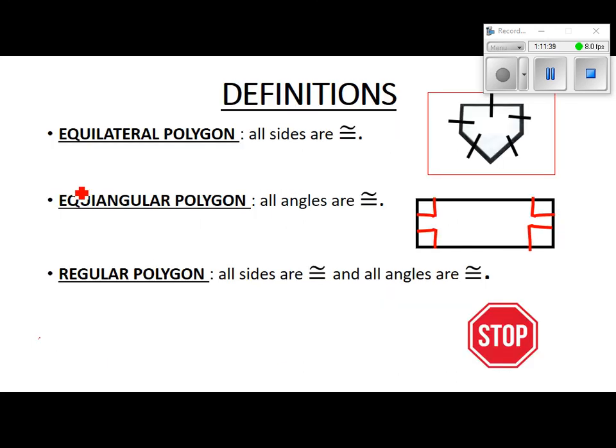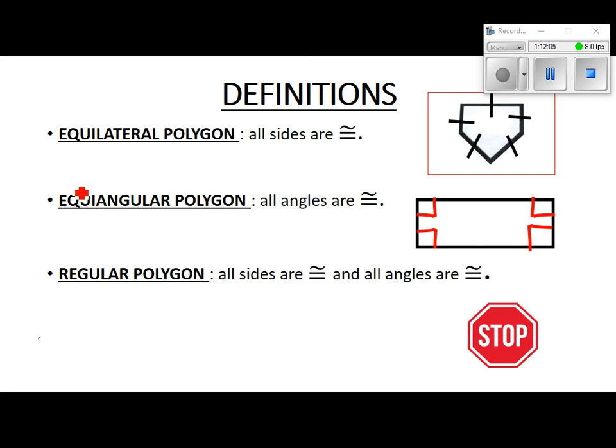Equiangular. Instead of all the sides being congruent, it means all the angles are congruent. What shape do I have up here? A rectangle. What's a shape that's equilateral and equiangular and has 4 sides? A square would be, right?